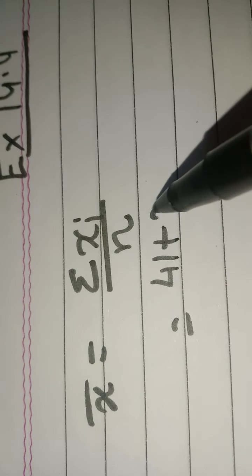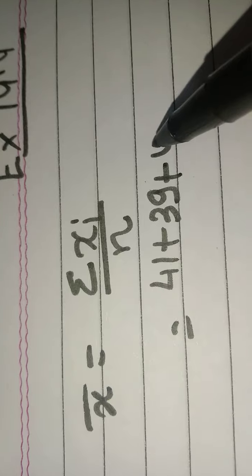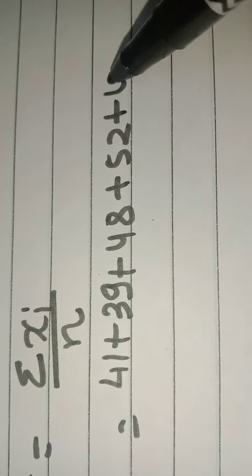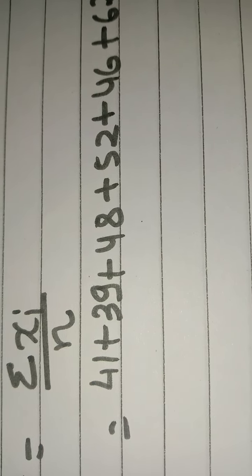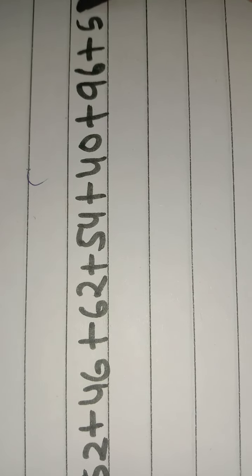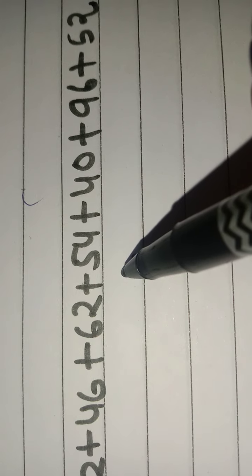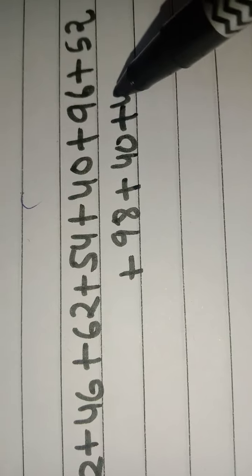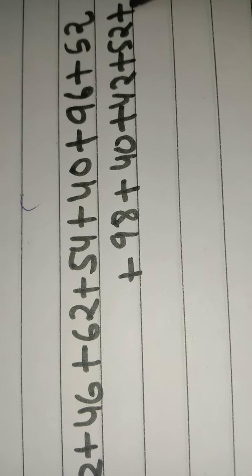It is 41 plus 39 plus 48 plus 52 plus 46 plus 62 plus 54 plus 40 plus 96 plus 52 plus 98 plus 40 plus 42 plus 52 plus 60.